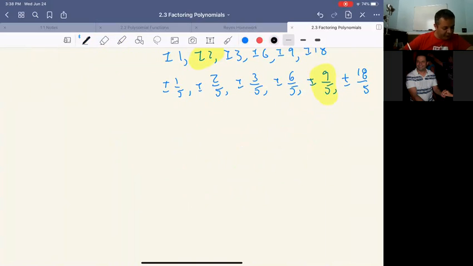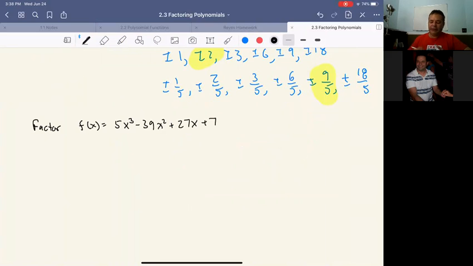Let's factor f of x equals 5x cubed minus 39x squared plus 27x plus 7. Okay, so what are our possible rational roots?